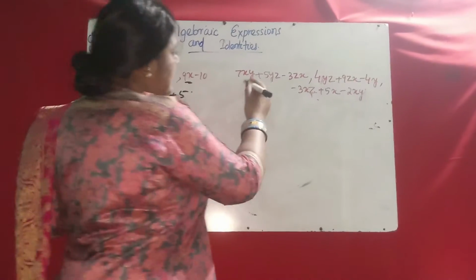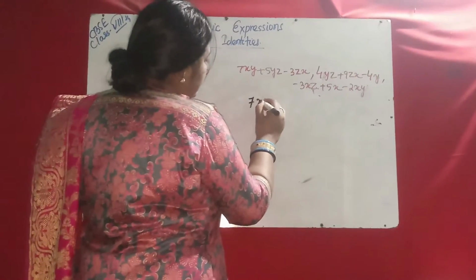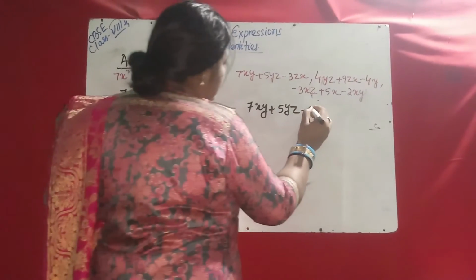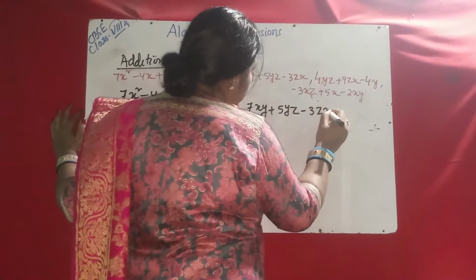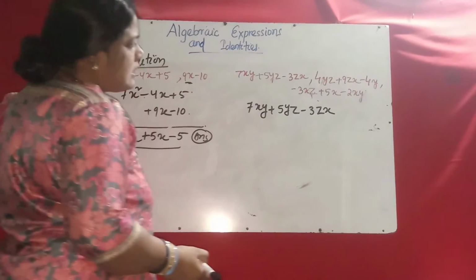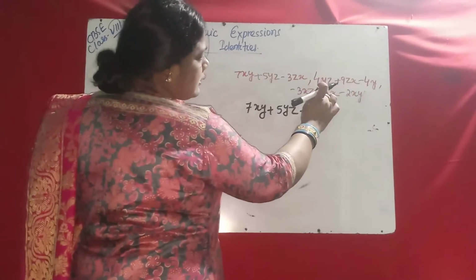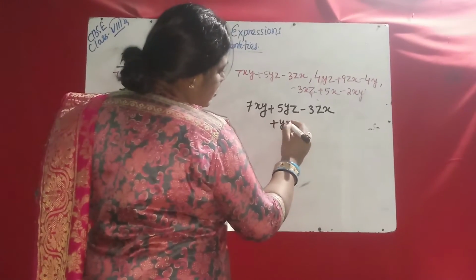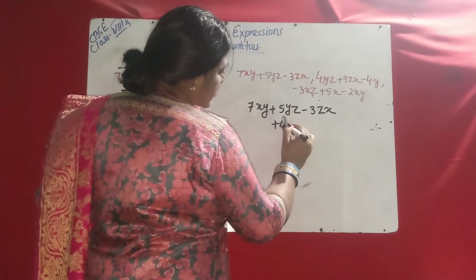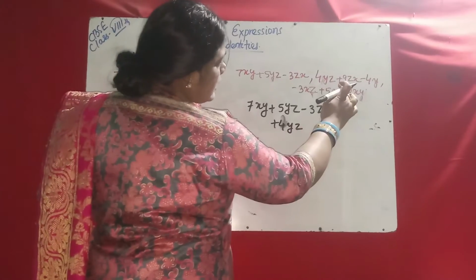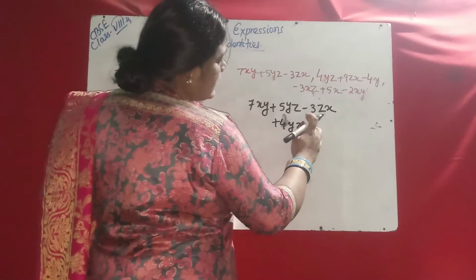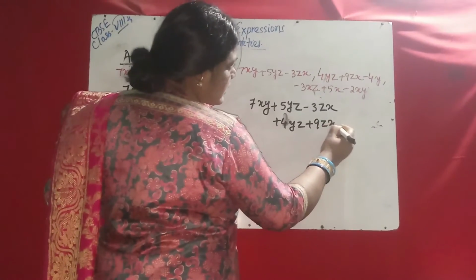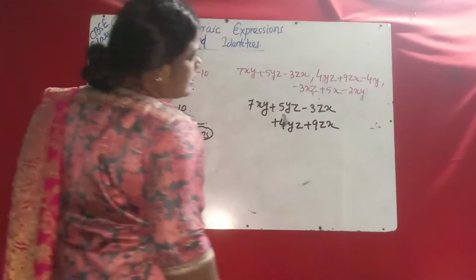Here is another expression. Suppose 7xy plus 5yz minus 3zx. Second is 4yz. Where is yz? Here you will add below yz: 4yz plus 9zx. Here zx, minus 4y.